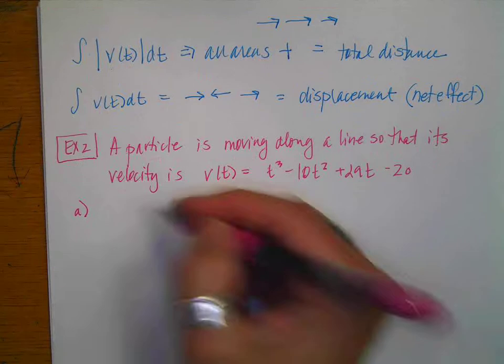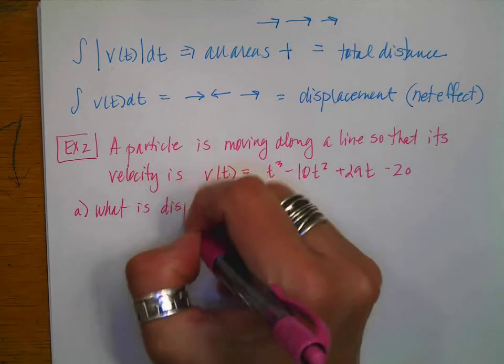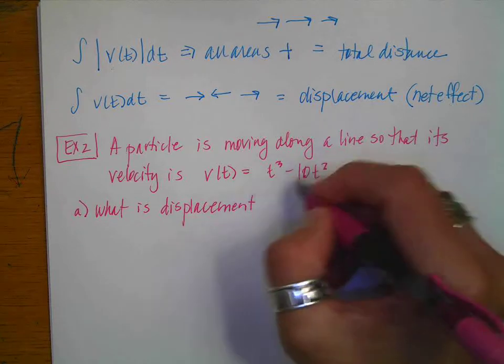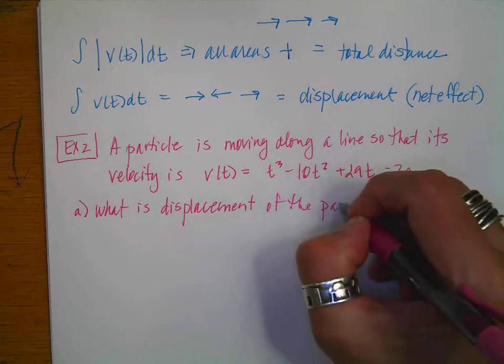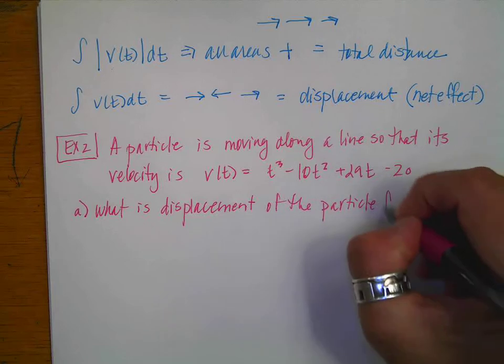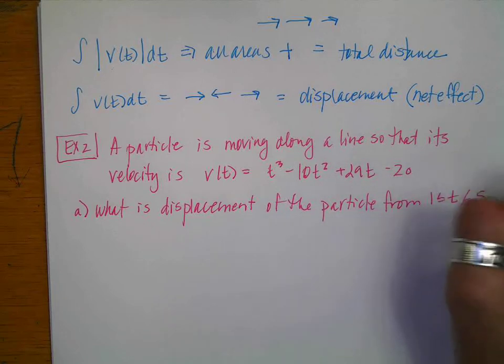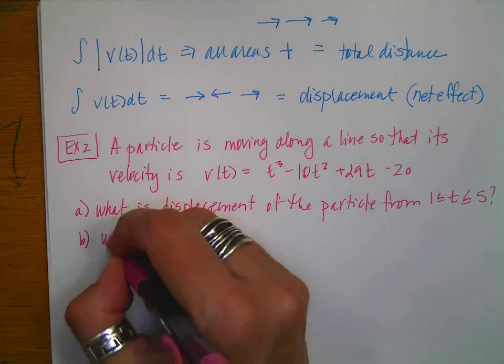And I'm going to have several tasks. The first of those tasks is what is the displacement of the particle from 1 is less than or equal to t is less than or equal to 5.